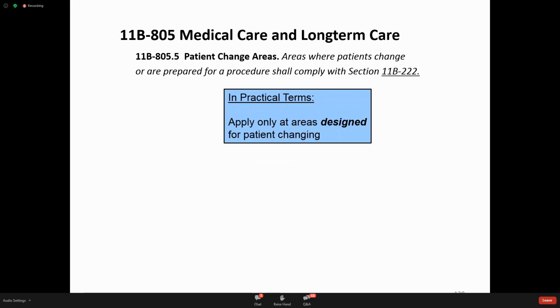You're going to change into a gown for the procedure. You can't just put a little curtain around a corner of the room and say, hey, that's where our people are going to change. And OSHPD has seen people that try to get away with that. So they wrote it into the code requirements because for people that are disabled, it's not that easy. They need to have a bench. So what OSHPD is saying, in areas where somebody is going to change for a procedure, you have to provide for them a patient changing area.